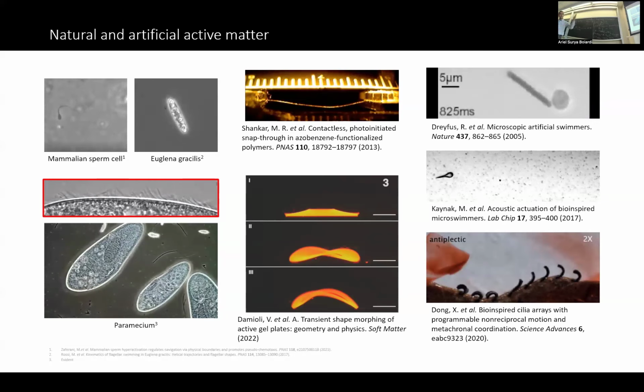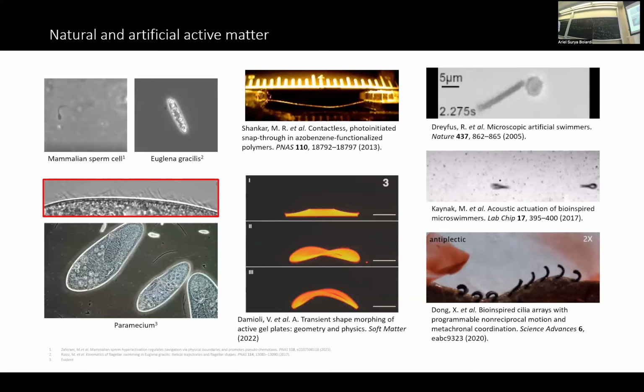Another strategy is a piece of hydrogel, like the material shown here, which is in a container that is shaken, and thanks to its geometry, the tail oscillates and it propels itself in the fluid.